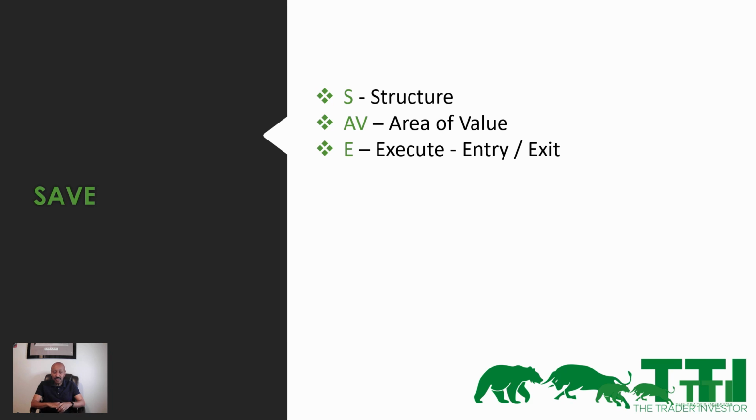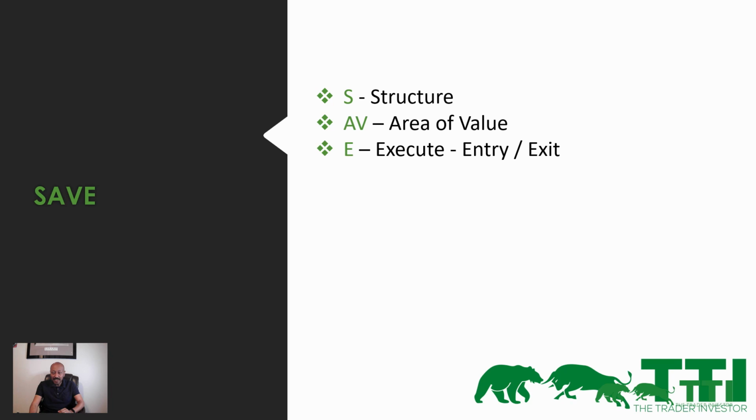All my entries, whether it's in and out in 1 hour at the market open or in and out over a couple of days, over a couple of weeks, does not matter. I always look at SAVE. What is the structure telling me? Is the structure broken or intact? Are we at an area of value, and can I execute based on that area of value?